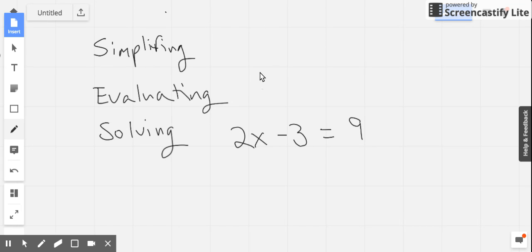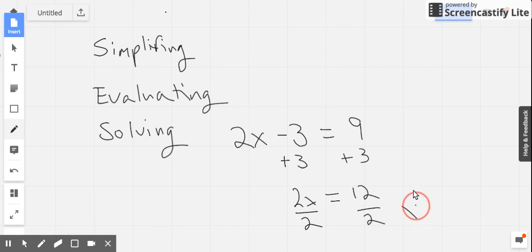You can simplify them, you can evaluate them, but you can't solve. So we solve equations. And in this case, we would add 3 to both sides, have 2x equals 12, divide by 2, x equals 6. So we have solved for x in this equation, and we found that x equals 6.